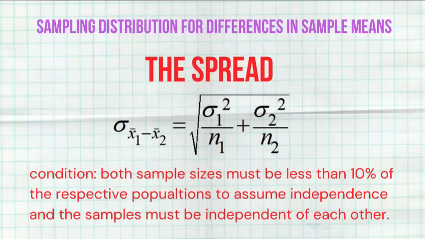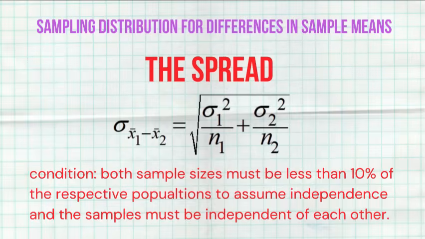Now we have the spread, or the standard deviation, because of course the samples are going to vary. So what is the standard deviation for all possible differences between a sample mean from population 1 and a sample mean from population 2? Well, again, it's kind of an ugly formula, but trust me, it's on the AP Stats exam formula sheets, you don't have to memorize it.